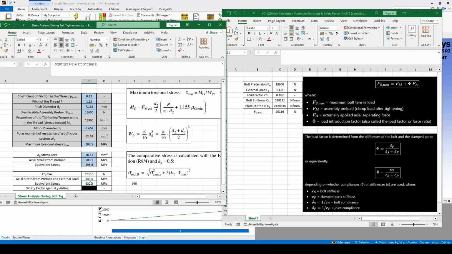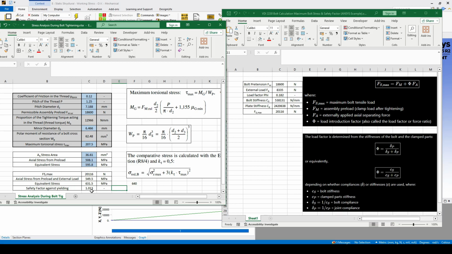As you already know, we use the 8.8 strength class for these M8 bolts, and these bolts have a yield strength of around 640 megapascal. You can see clearly that we are almost at the yield strength of the material. Dividing the yield strength of the bolt by our value, we got a safety factor of about 1.013, so it's almost 1.